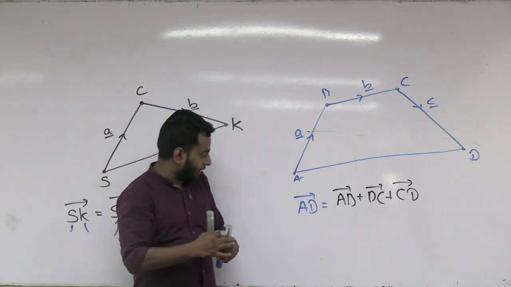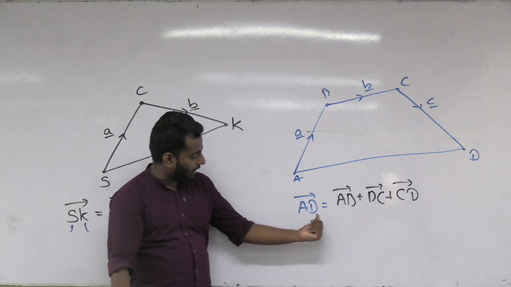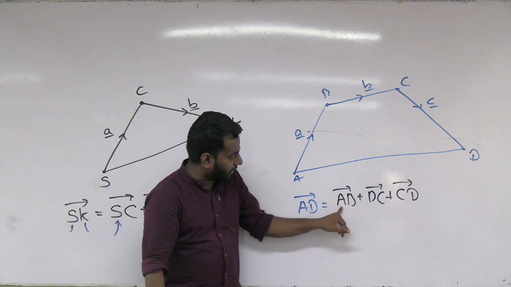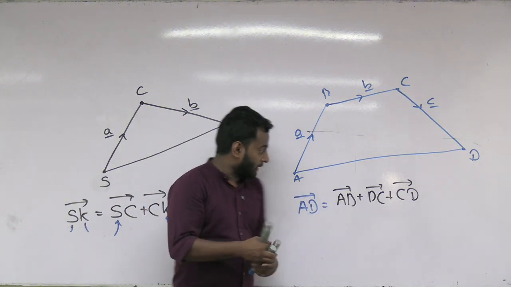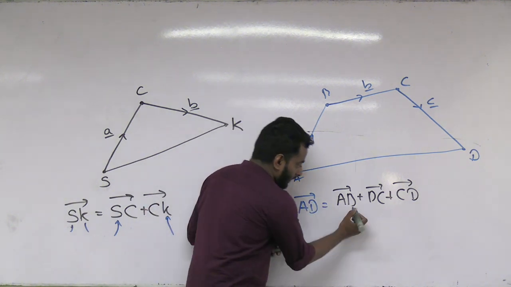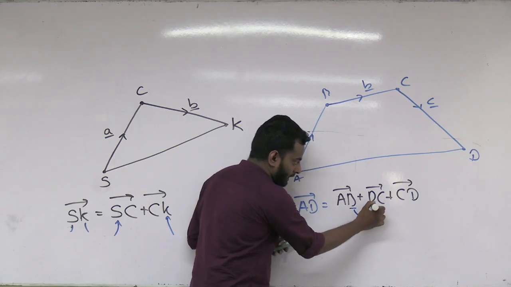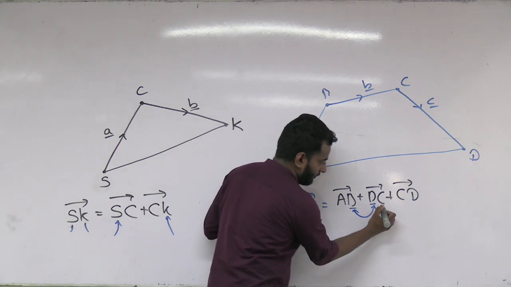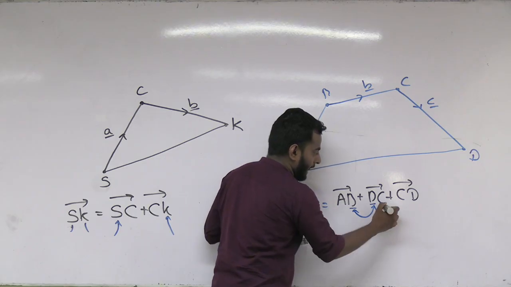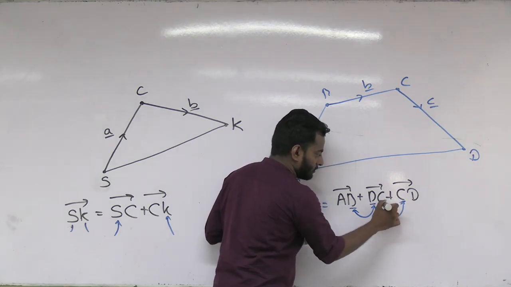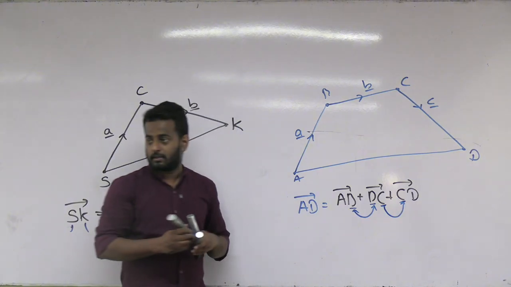Now see, we started at A and we need to finish at D. Here also we start at A and finish at D. Here we are finishing at B and starting again at B, so these two must be equal to each other. Here the same, we are finishing at C and starting again at C, so these two must be equal to each other. Are you okay with that?